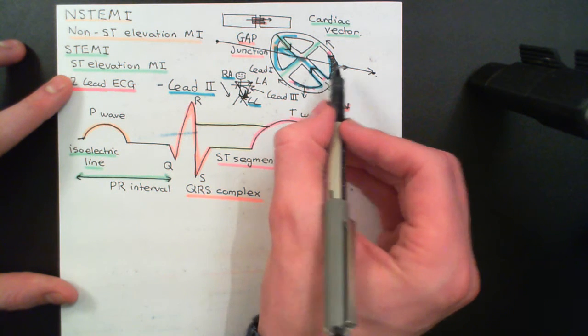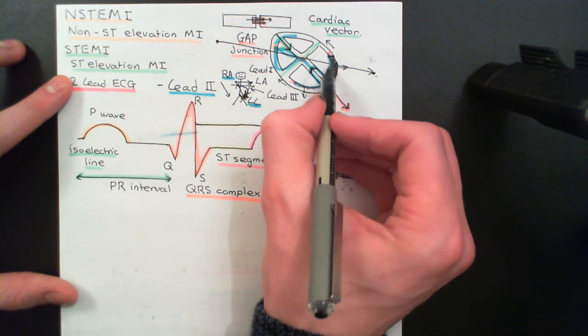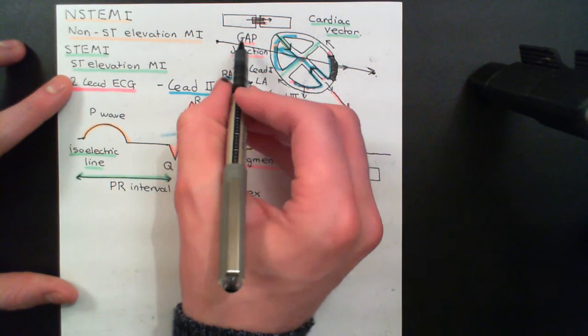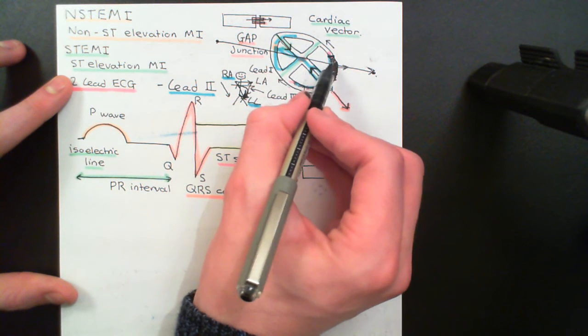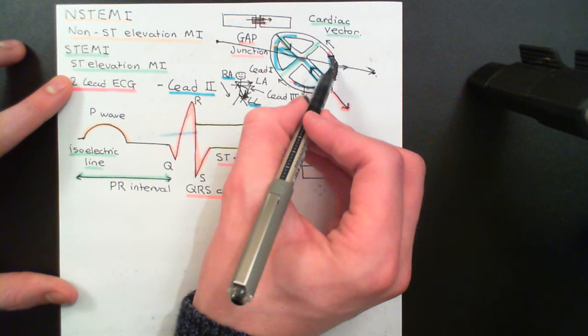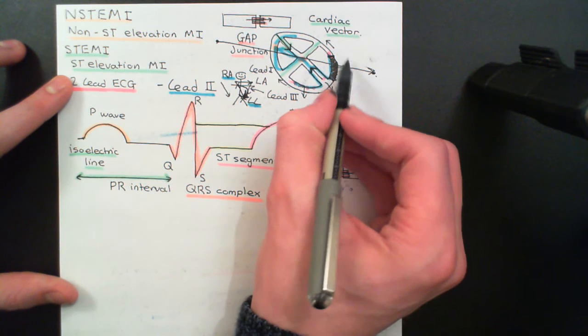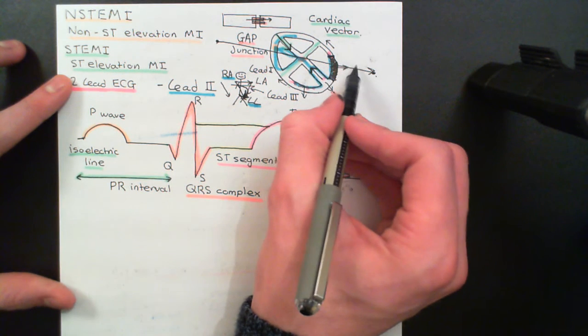Not only that, but you also need it to be on the far side of the vector. So as I go along this line, this is the last portion of myocardium that this is going to go through. After it, there's no more myocardium. I go into other tissues.